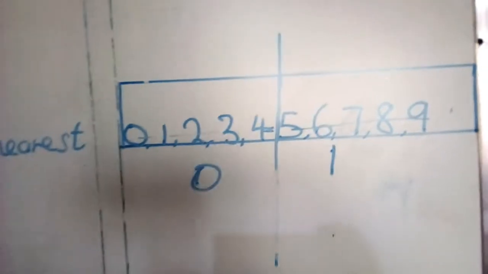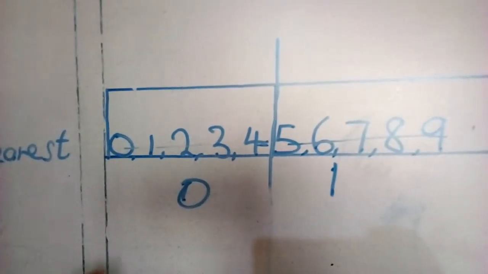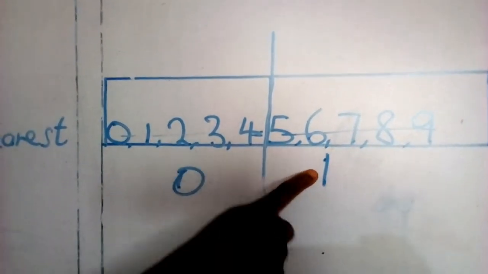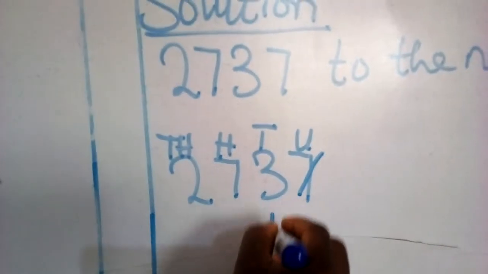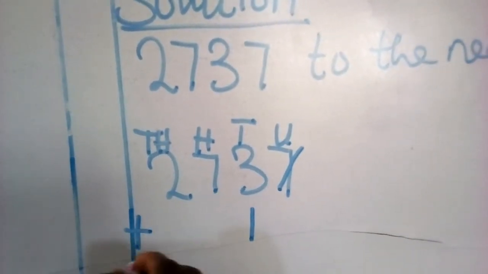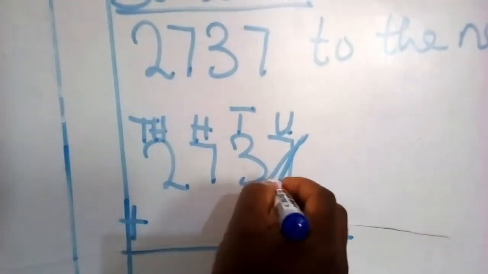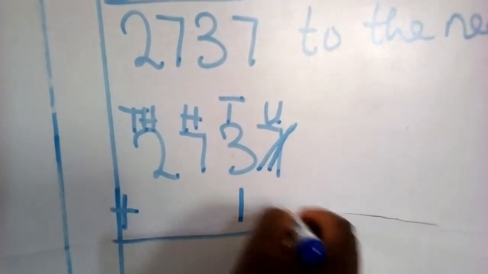From our chart here, where does this 7 that is behind this 3 fall? 7 falls where we have 1s. That means we are rounding up. So we cancel the 7 and call it plus 1 to the tens. Remember the 7 has become 0.